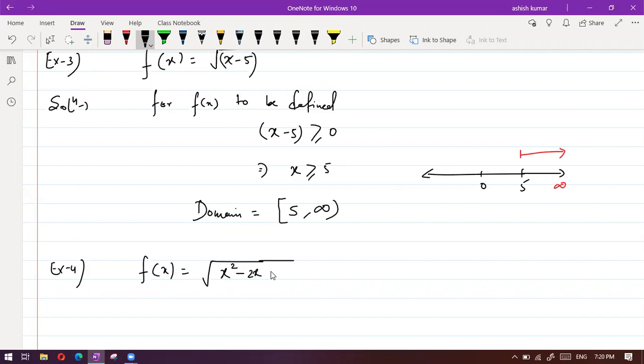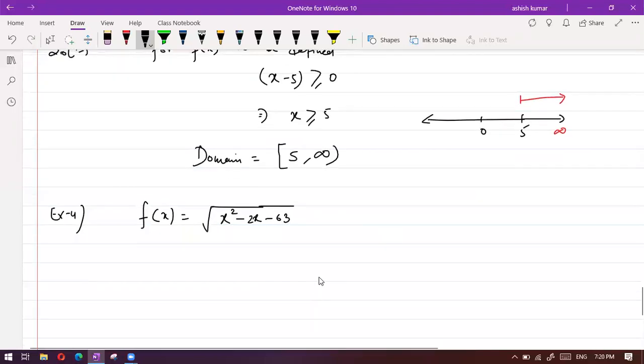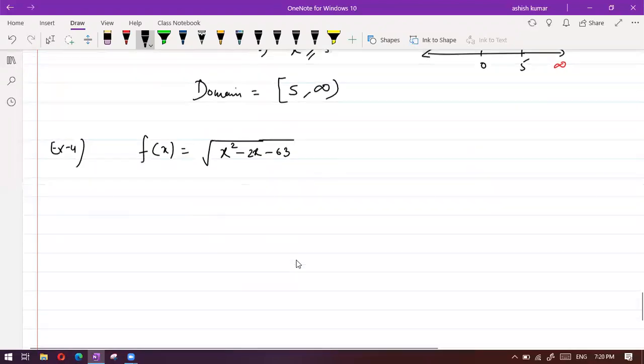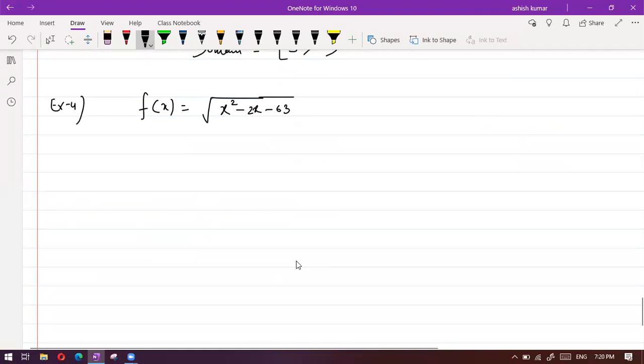Yeah, let's try this one. x square minus 2x minus 63, right?